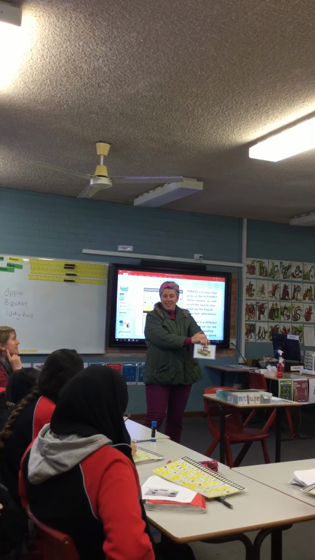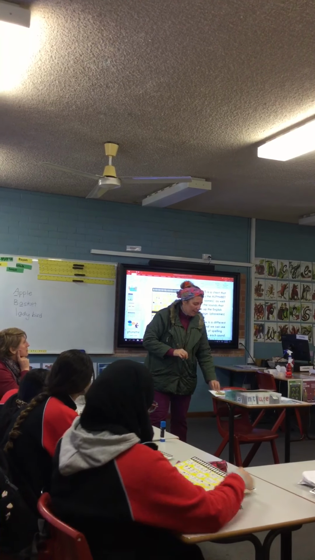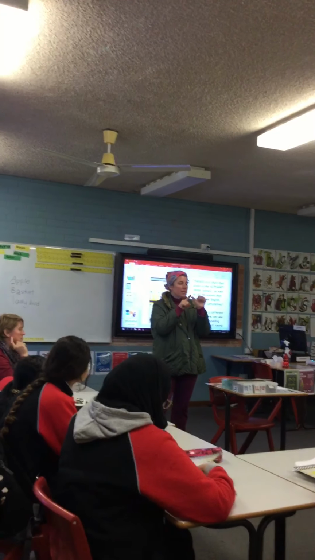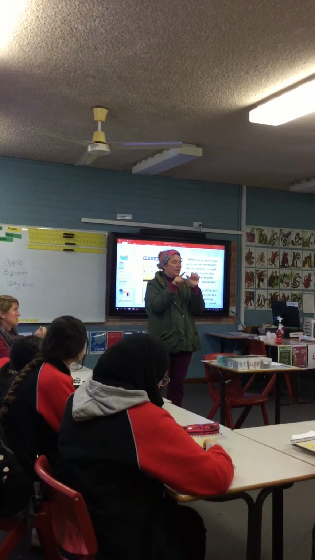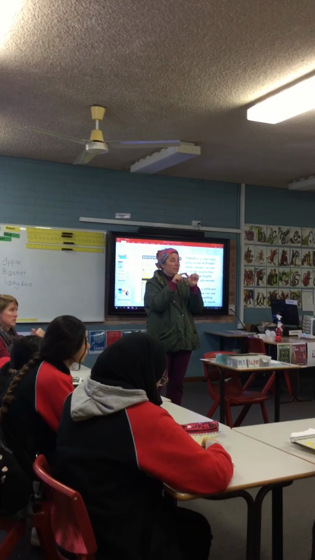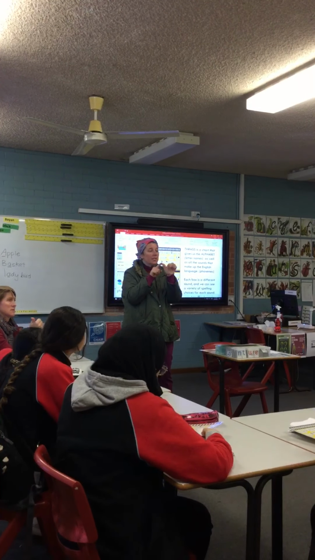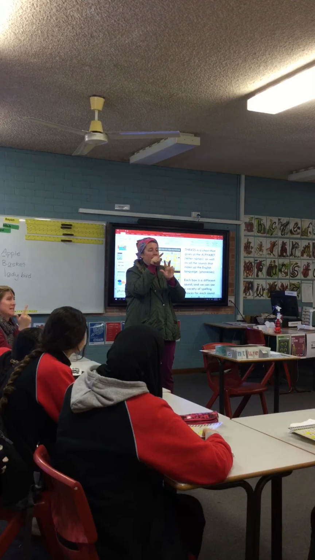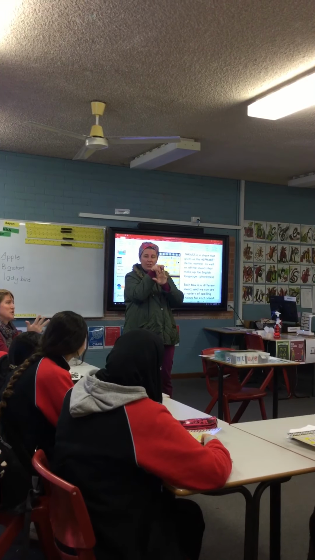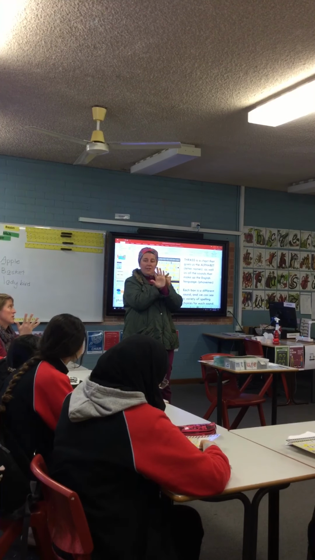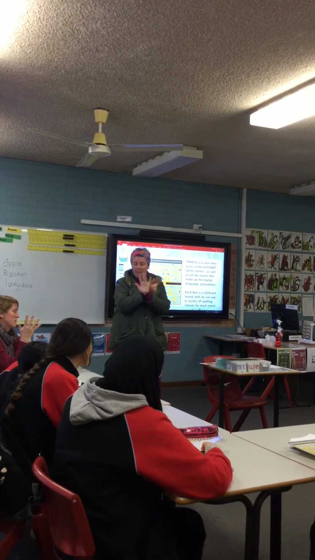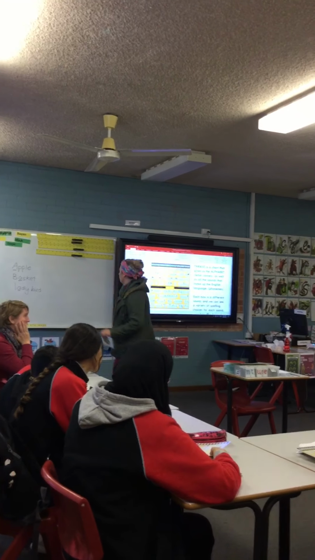Station. Okay, station. Now let's count how many sounds in station. So, right? Let's count the sounds or the phonemes we can hear in station. A, sh, n. 6, not 6 syllables, 6 phonemes.